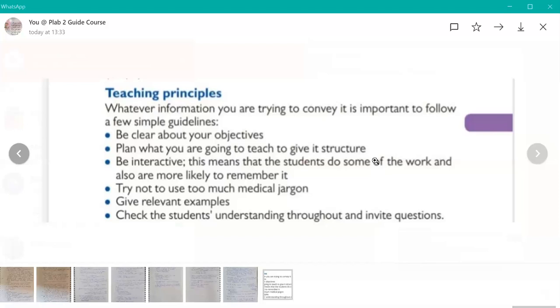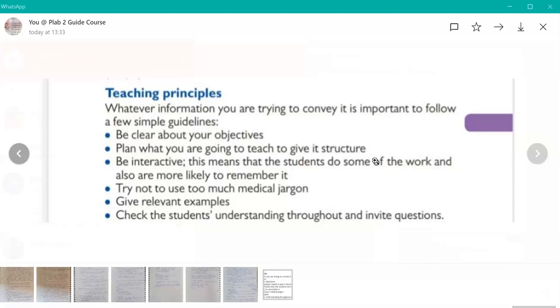For example, if it is a procedure, you tell them there is something to prepare before the procedure, and I will cover with you what we're going to do inside the procedure. And there are some things we're going to do after we finish the procedure, like labeling the sample, sending it to the lab, or a specific test you need to do. So it depends on the station, but it has to be structured, and you have to move from one step to another, and you have to signpost when you move to the other steps in your teaching.